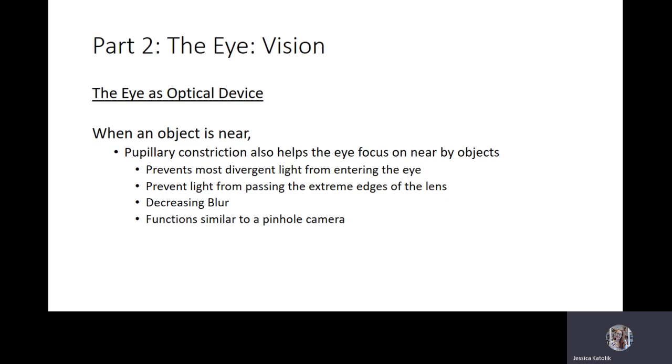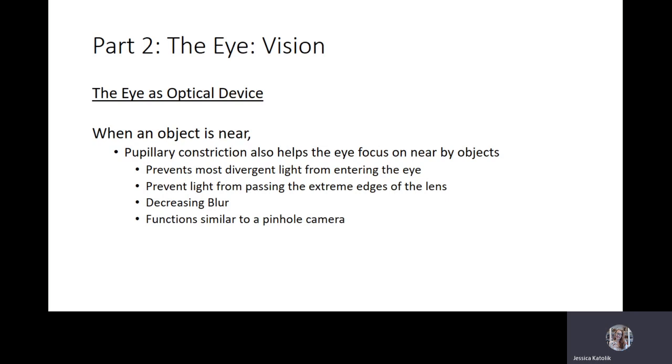So as we talked about before, when an object is nearby, the light entering the eye is divergent. And so when it comes into the eye, the divergent light that is bent by the cornea would actually have to pass through the extreme edges of the lens. This can actually lead to blur.